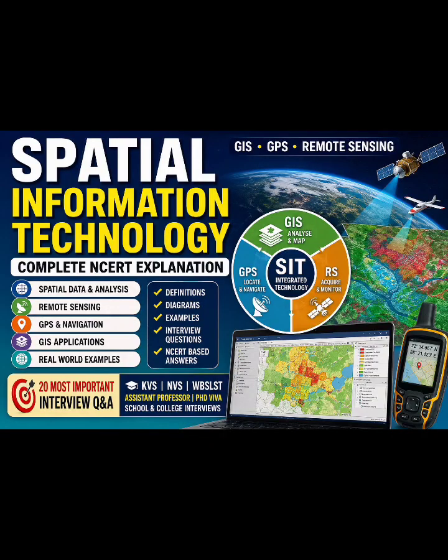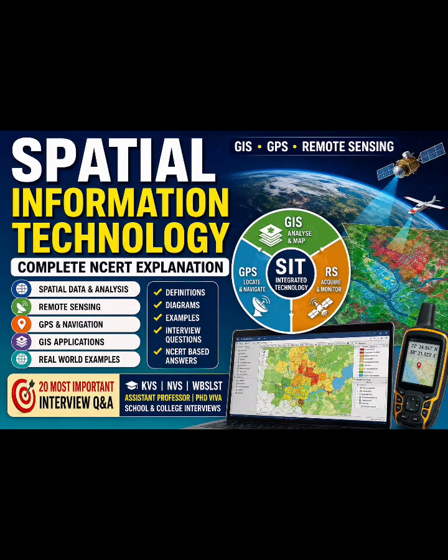Next question, what are the major components of GIS? So GIS consists of hardware, software, data, people and procedures. Hardware processes the data. Software performs analysis, data provides the information. People operate the system and procedures ensure systematic functioning.